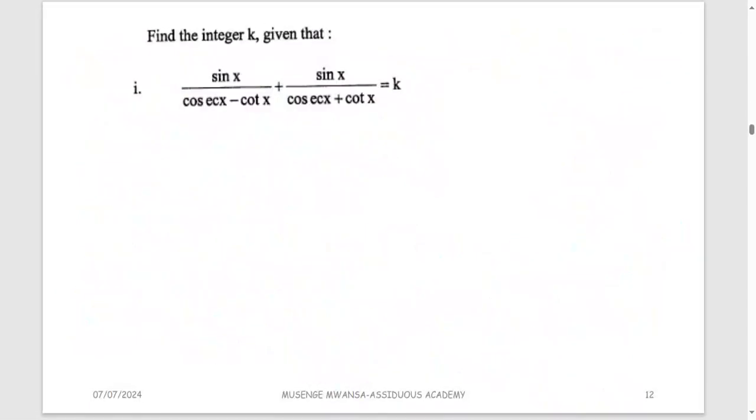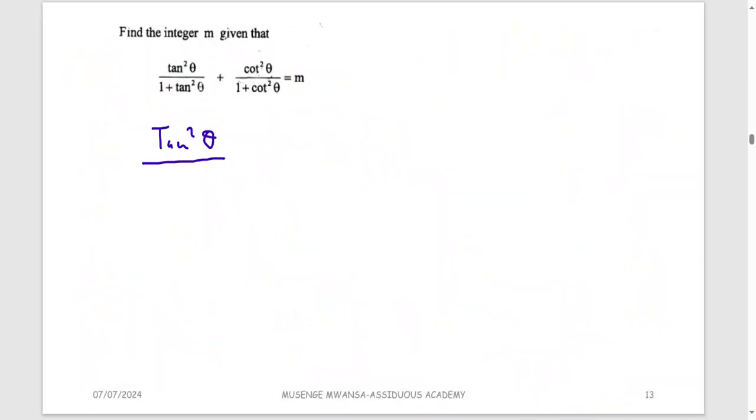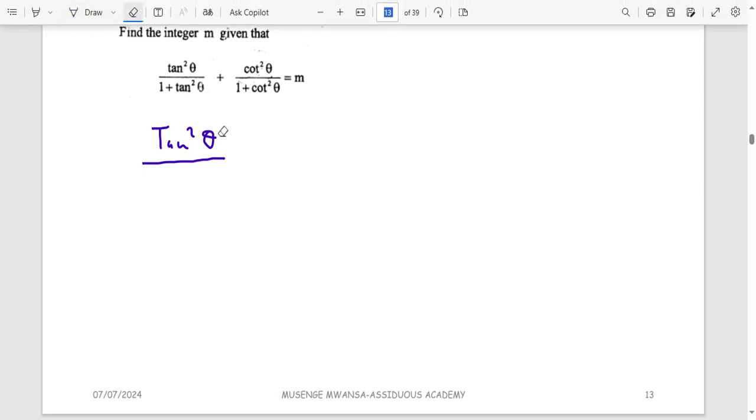Okay, so that's what you want to use. But anyway, this is 1 plus tan squared theta. So I can substitute where there is tan. Okay, let me take no roots.